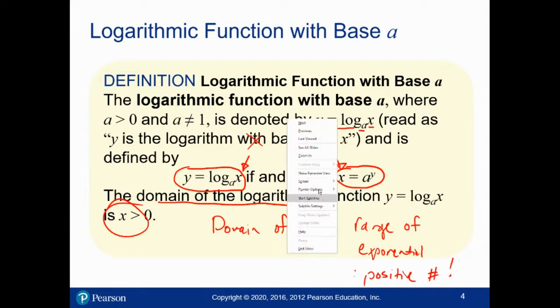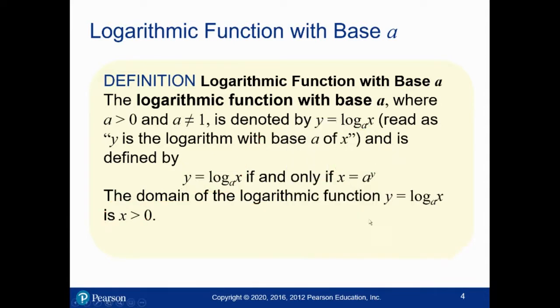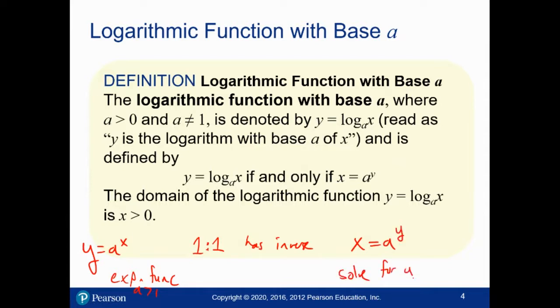So let's see why that is. Suppose I had y equals a to the x, a nice exponential function. It's 1 to 1 because it's increasing. Let's just say a is bigger than 1. It's increasing, so it's 1 to 1. It has an inverse. What is the inverse? Well, I switch it and I say x equals a to the y. And now I try to solve for y, but we really don't have tools for doing that.